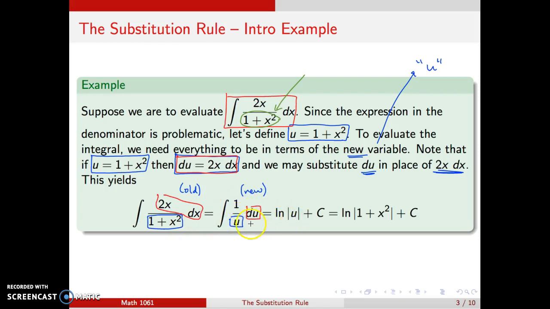The antiderivative is natural log of the absolute value of u. And then back in terms of the original variable, we have our result. So the indefinite integral of 2x over 1 plus x squared dx is natural log of the absolute value of 1 plus x squared, plus c.